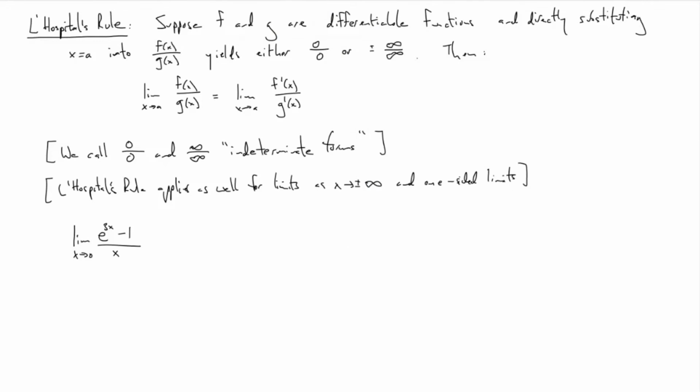But now we can actually compute it instead of guessing or graphing, and use L'Hopital's rule. This is of the form 0 over 0, and so L'Hopital's rule says that this limit is equal to the limit as x approaches 0 of the derivative of the numerator divided by the derivative of the denominator. And by the chain rule, the derivative of the numerator is 3e to the 3x, and the derivative of the denominator is 1.